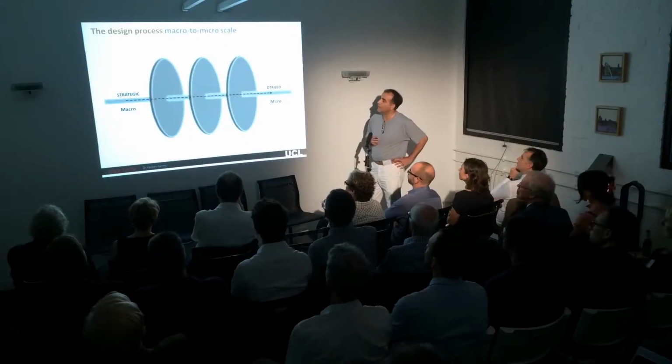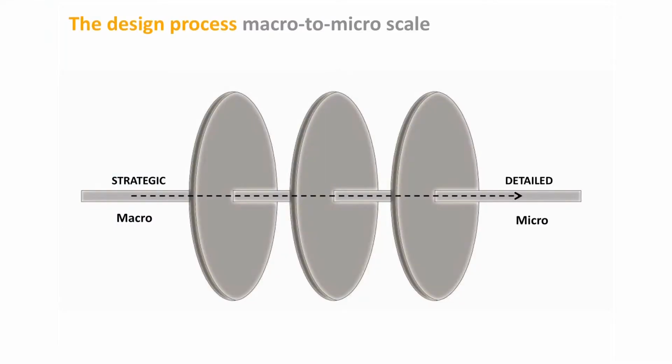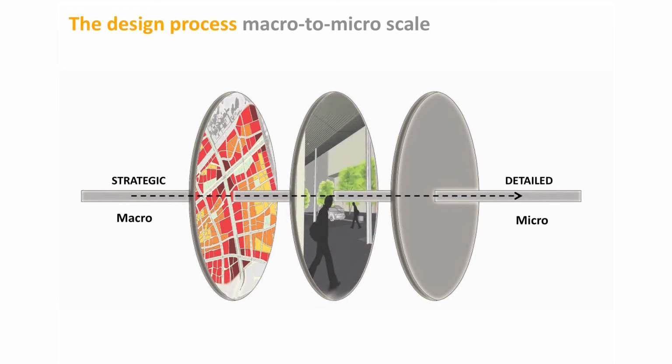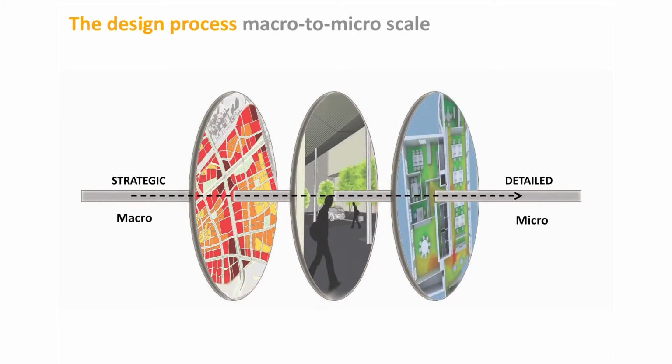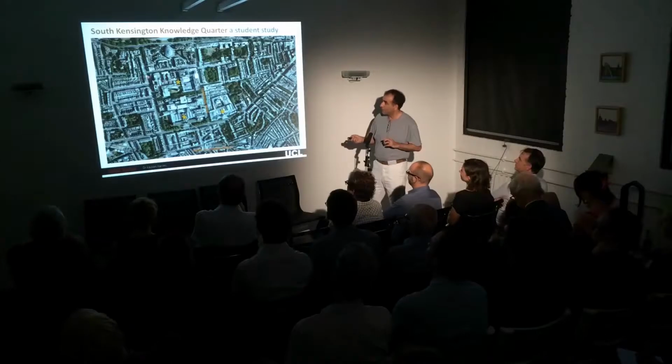And in this course, in one of the modules, I ask the students to look at a complex building in the context of the city and try to understand all the scales, from the very micro scale to the very macro scale of the spatial system. Last year, I gave the students the South Kensington Knowledge Quarter as a case study, and that included Imperial College, the Natural History Museum, and the Victoria and Albert Museum.